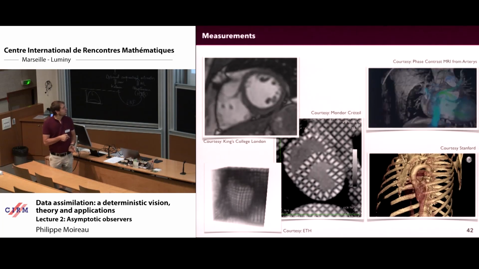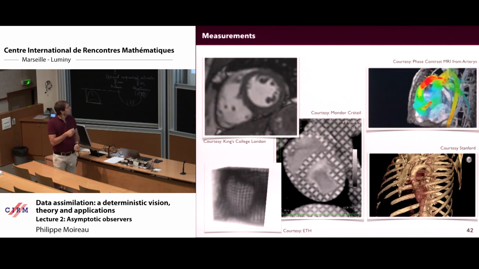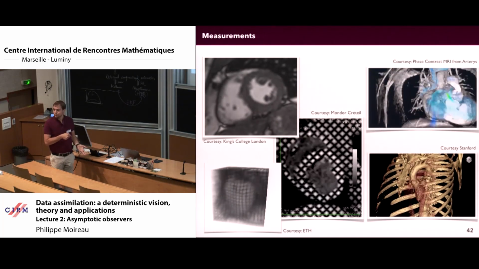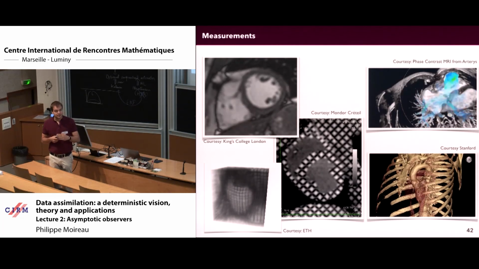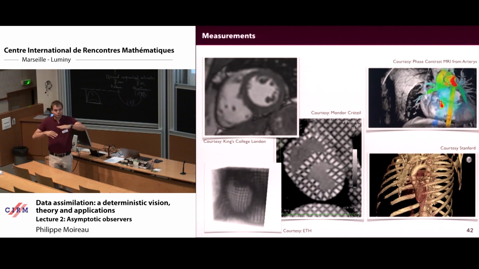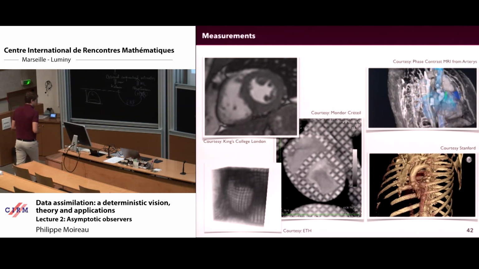Okay, so what we did is to try to use this data, or at least if we have tags, to use the 2D tags and not 3D tags. But if you have 2D tags, you have problems because the heart is moving across the planes, so you don't see the displacement. You see something which is a projected displacement, okay?